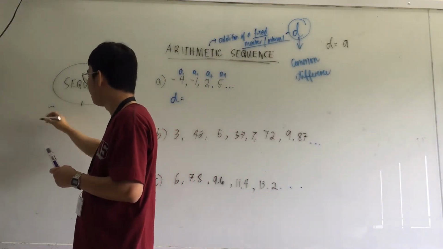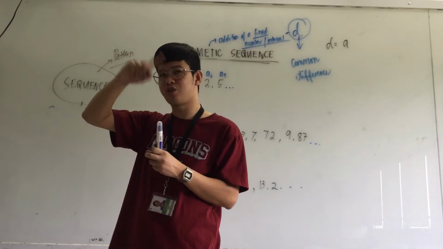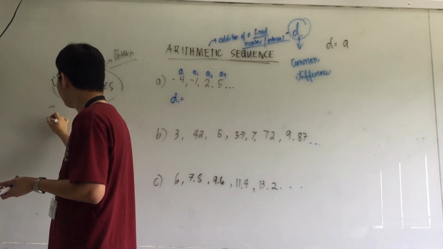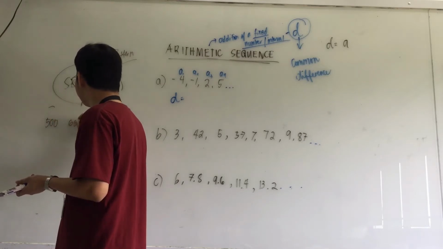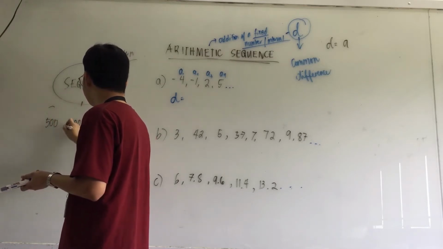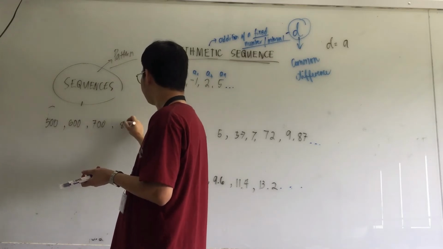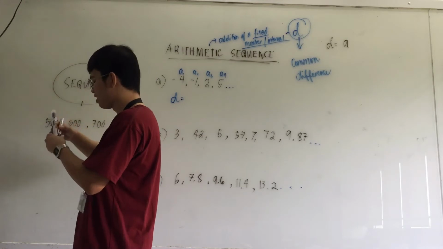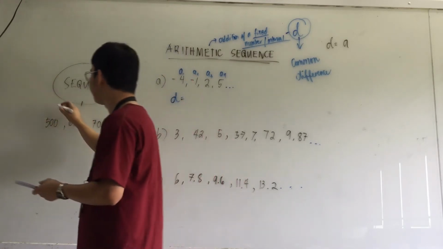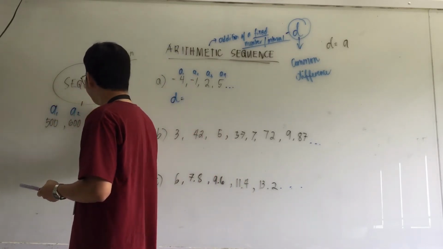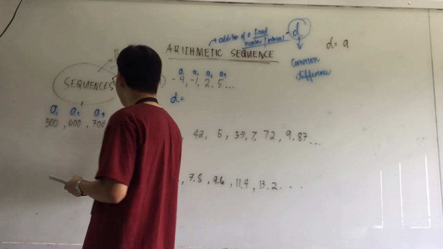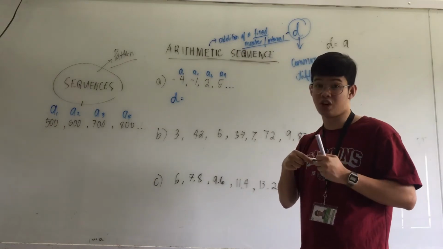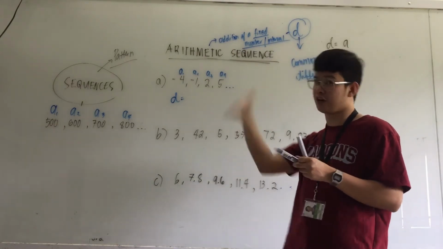We have a previous example, let's use the face mask campaign fee or fine: 500, 600, 700, and then 800, etc. Now, you all know that this is your a sub 1. We agreed that in this part, we will be using a sub 1, a sub 2, a sub 3, a sub 4 to denote positions. A sub 1 will just be the first term.